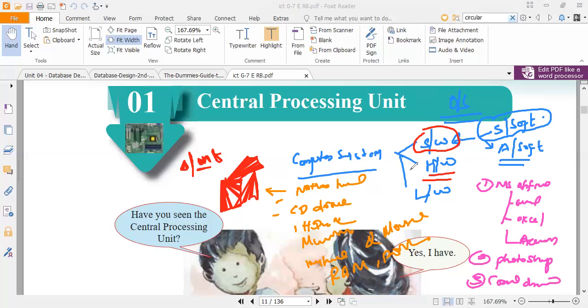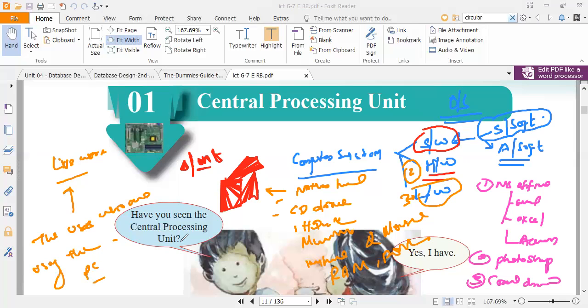And the third one, that is, the second one was hardware, the third one is liveware. Liveware means the users who are using the PC. So we are calling them liveware.